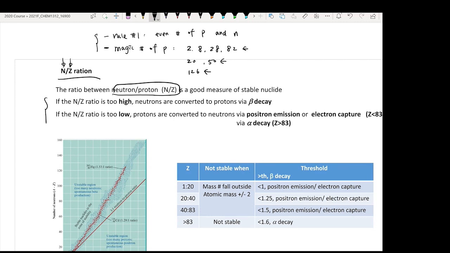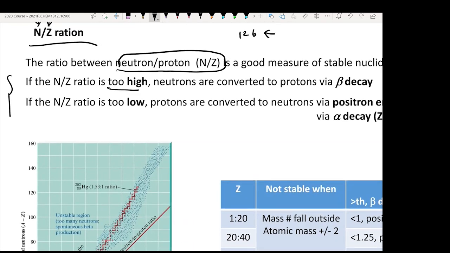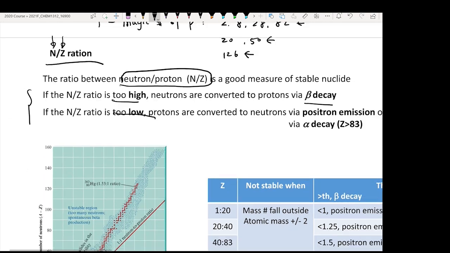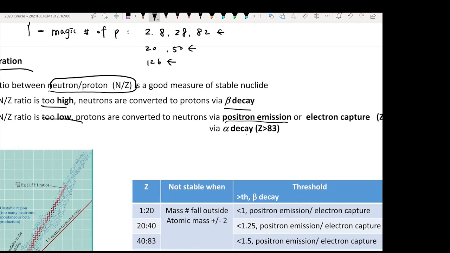Your textbook says if your N to Z ratio is too high, then your neutrons are going to convert to protons through beta decay. If your N to Z ratio is too low, then your protons are going to convert to neutrons via positron emission or electron capture, or alpha decay if the number of protons is larger than 83.